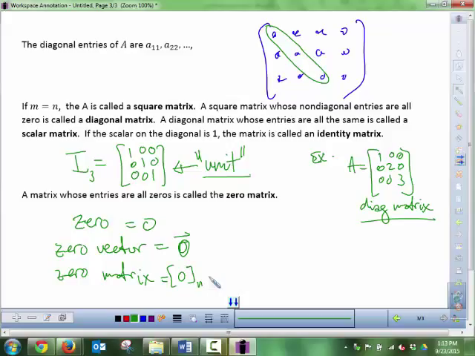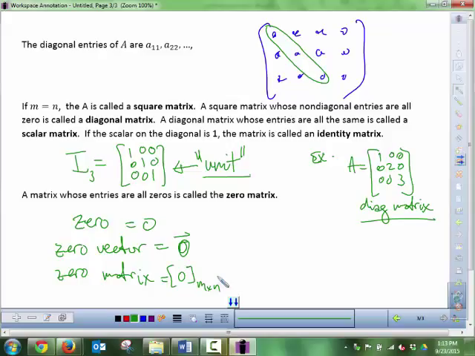If the size is obvious, we don't need a subscript. It also doesn't have to be a square matrix, so you may need to put the number of rows and the number of columns. So that's just notation.